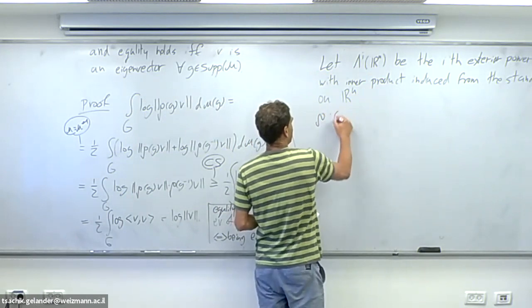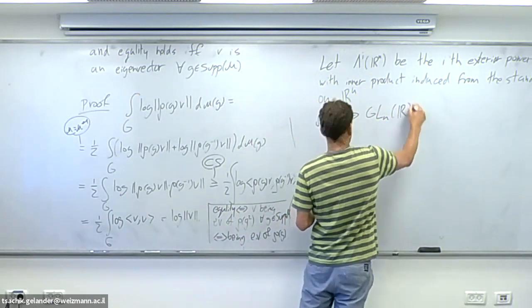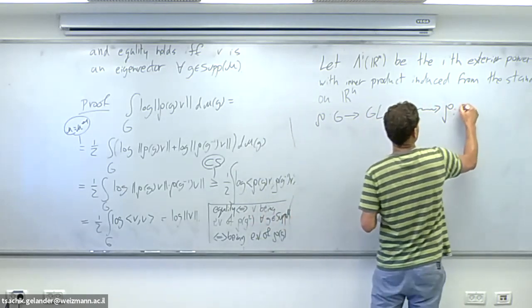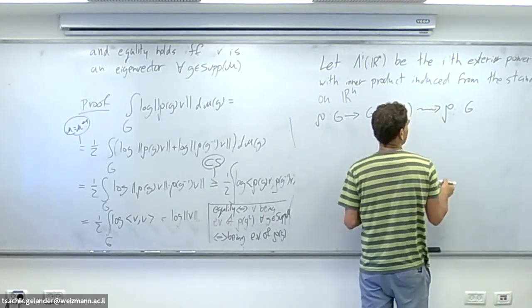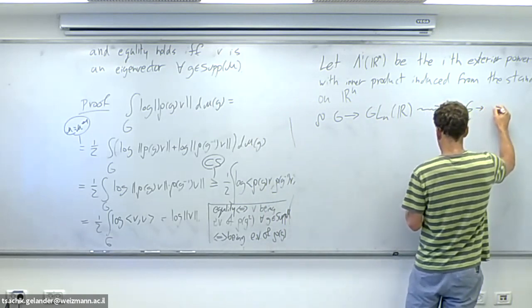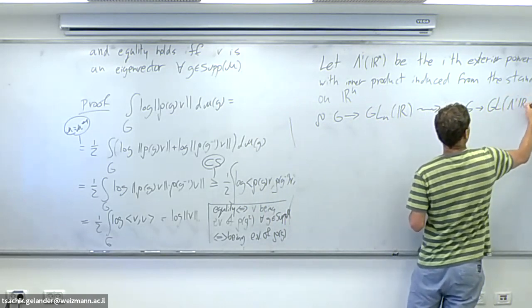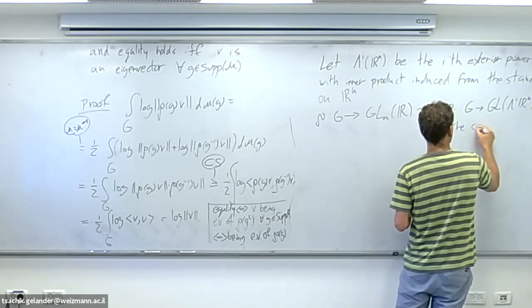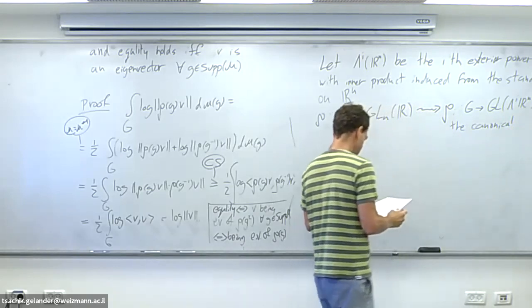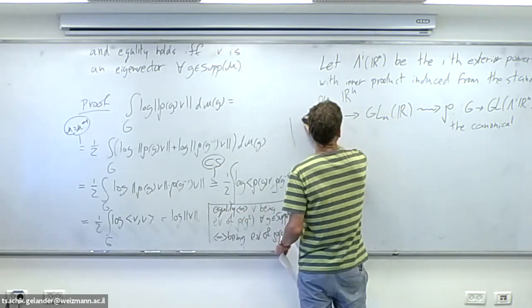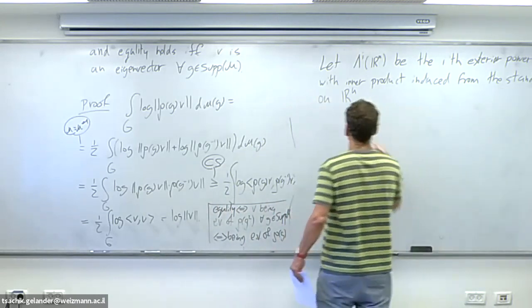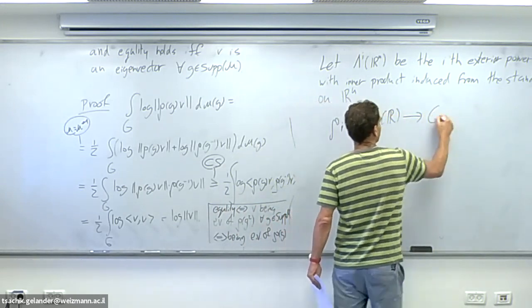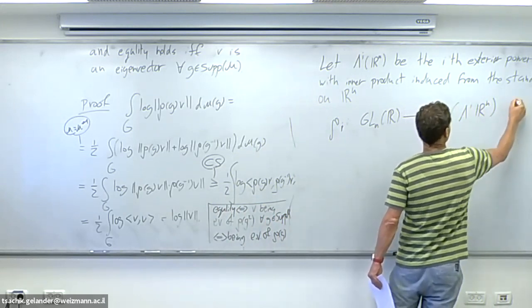If you have a Borel representation of some group into GL_n(R), then rho i is the induced representation of G into GL of the i-th exterior power. Actually, sorry, there's no G. It's the canonical representation from GL_n(R) to GL of wedge i.